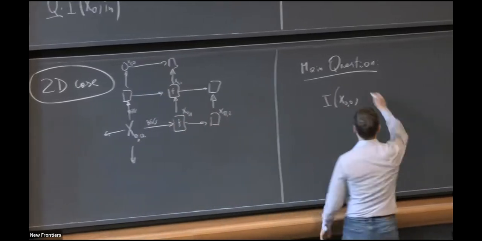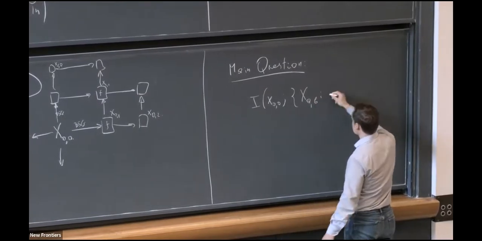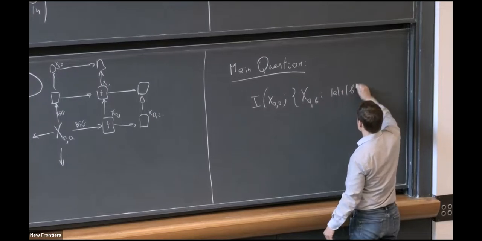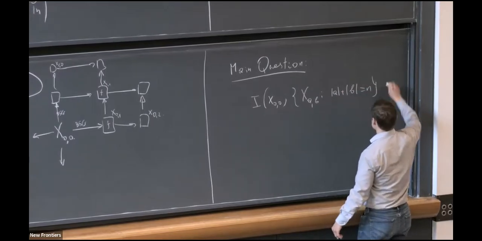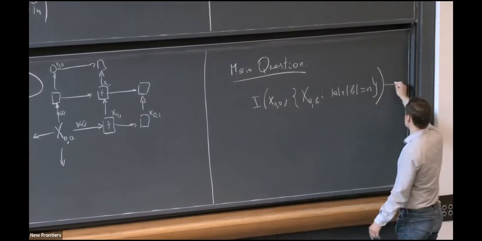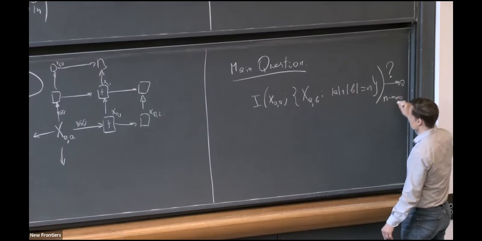So we can ask the following question: does the mutual information between x00 and the set of all outputs at distance n go to 0 as n goes to infinity?